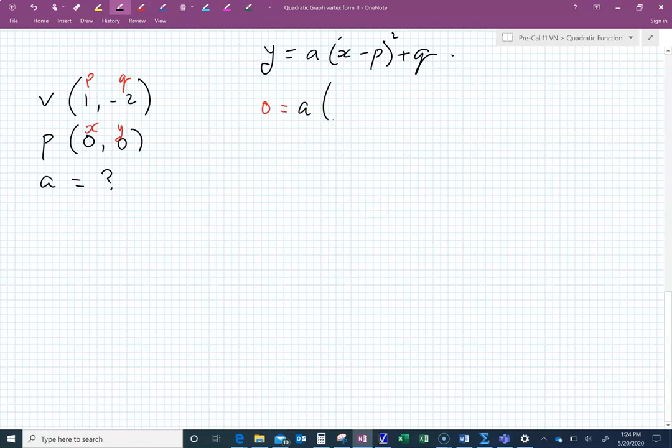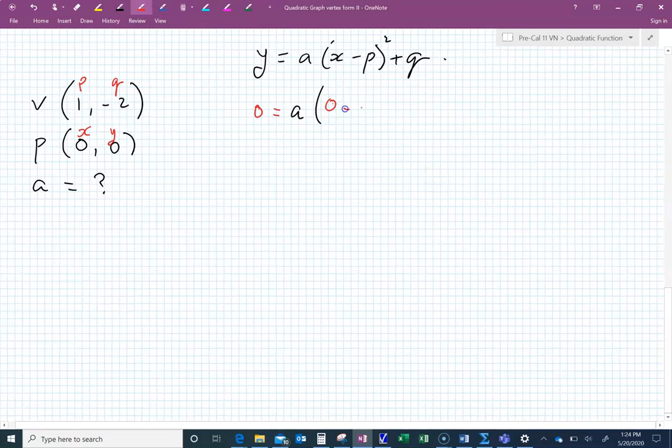Open the bracket, and now plug numbers in. x is 0, so 0 minus 1 all squared, minus 2. We're going to do the math: that is (-1) squared, which is 1. So that is a times 1, which is a, minus 2. Notice that a will end up being 2.